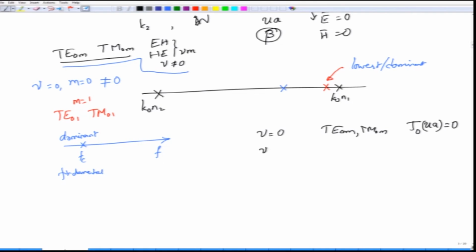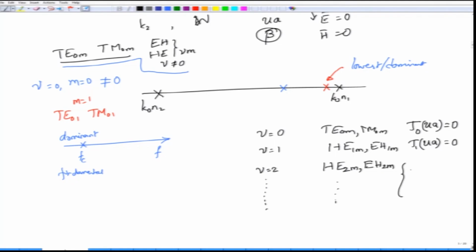And when nu is equal to 1, the cutoff for the HE1m and EH1m modes is obtained when you solve the equation J1(UA) equal to 0. When nu is equal to 2, you get HE2m and EH2m, and of course with nu greater than 2 you will get similar equations over here.